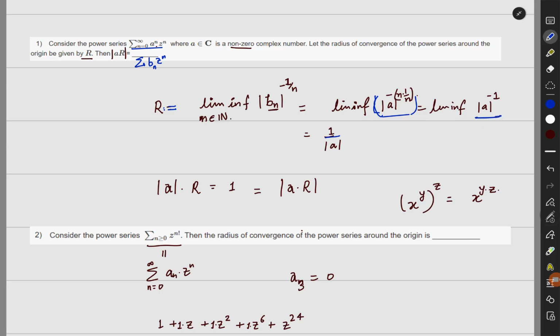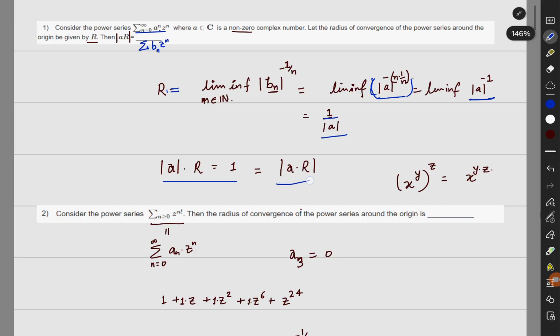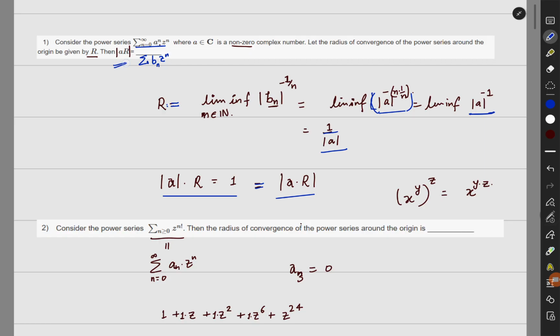So the limit is again the same value. From here we got mod a into r equal to 1. So modulus of a into r is equal to 1, and this is what we wanted to calculate.